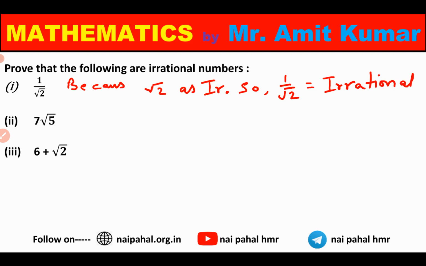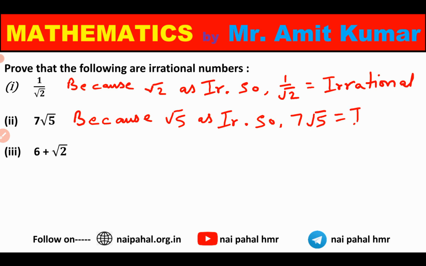In the next case, because here we have root 5 as irrational, 7 root 5 is irrational.